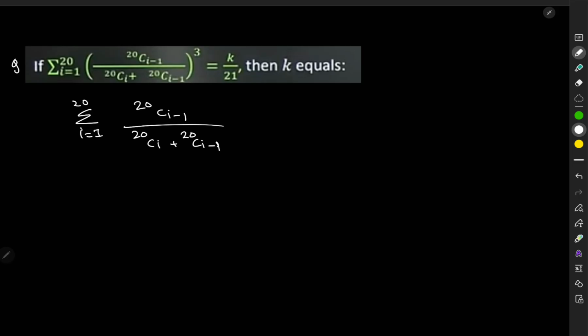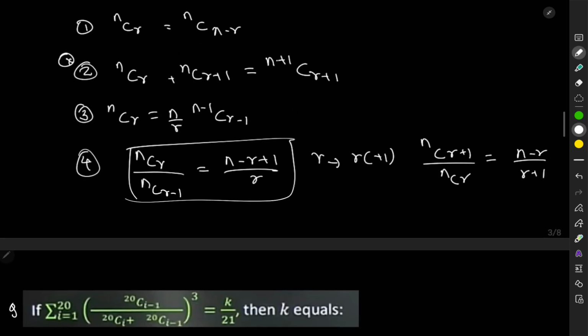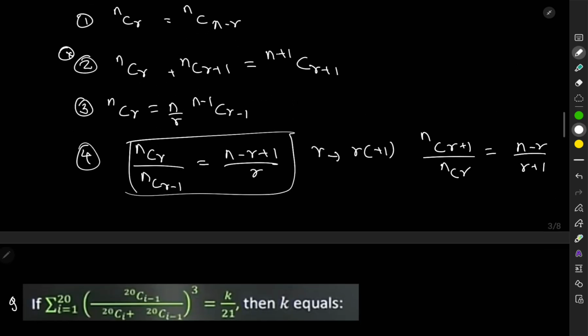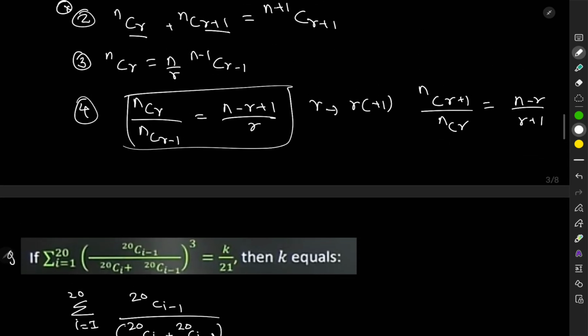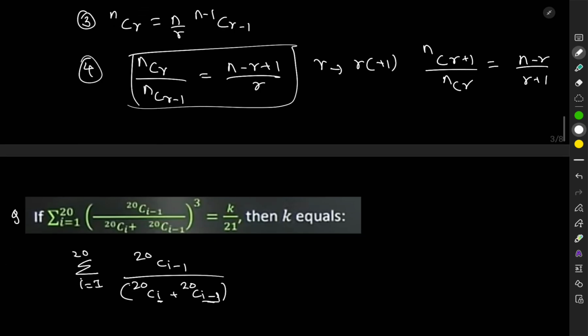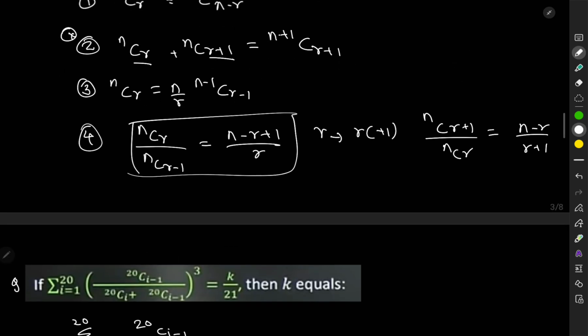As you can see, the down part has two consecutive terms in i, right? So I can use this equation, which is the most important one. These are also consecutive, and this also doesn't change, so I can directly use it.